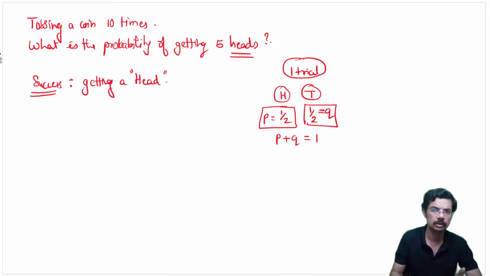Now this question, tossing a coin 10 times, what is the probability of getting 5 heads? How can we calculate this? This will be very difficult because it is 10 times, so the sample space will become very large.